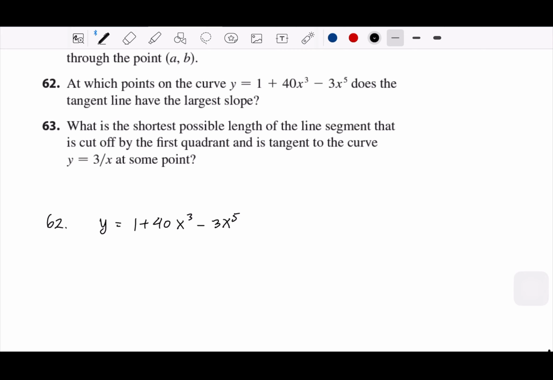Let me derive this first. y prime becomes 120x squared minus 15x to the 4. Okay, let the slope equal to some m.